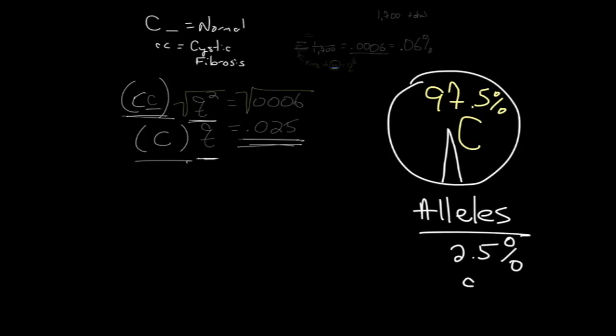That's where this equation comes from. P plus Q equals 1 is simply that this whole pie equals 1. If 2.5% is one, then the other one has to be 97.5. That's all there is to it. That's where you get this equation.